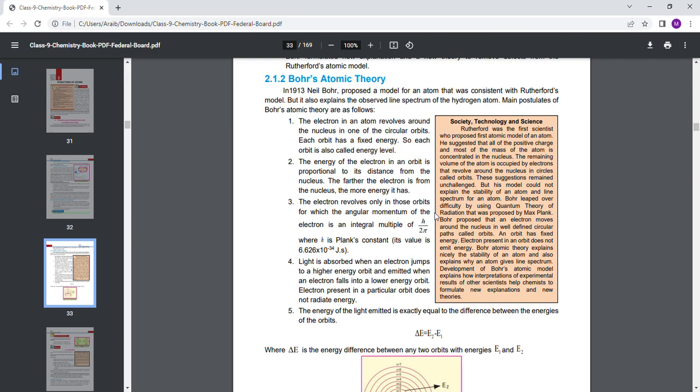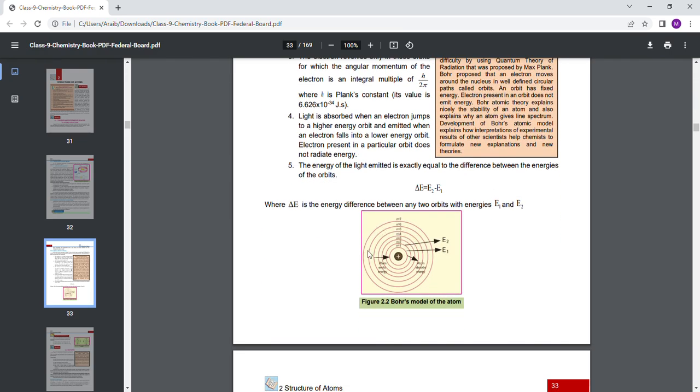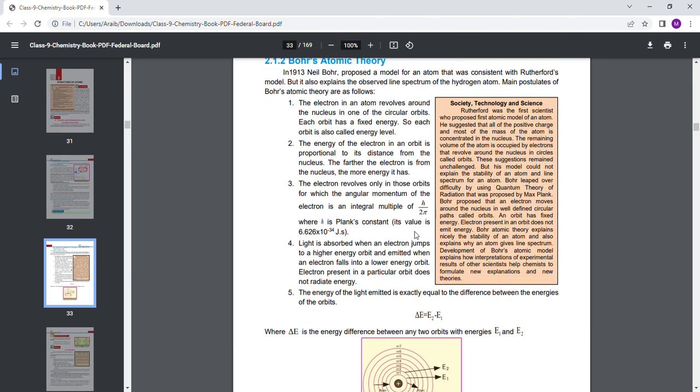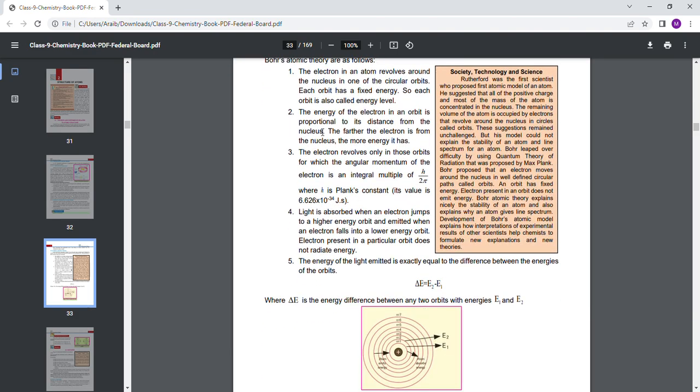The main postulates of Bohr's atomic theory are as follows. Number one: the electron in an atom revolves around the nucleus in one of the circular orbits. Each orbit has a fixed energy, so each orbit is called an energy level. Electrons revolve in these circles, and each circle is called an orbit or energy level, and they have fixed energy.